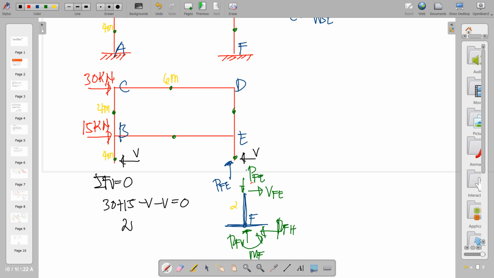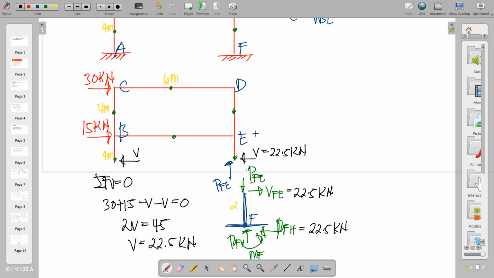So we have 2V is equal to 45, or in short, V is equal to 22.5 kilonewton. So let us place it in here. Transfer here. Which shall also equate to this RF along horizontal.